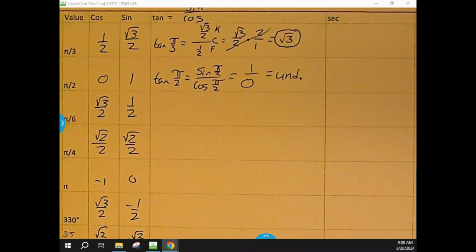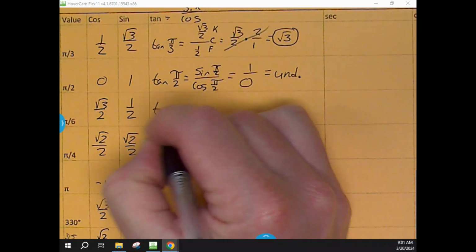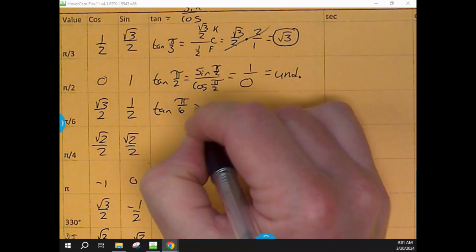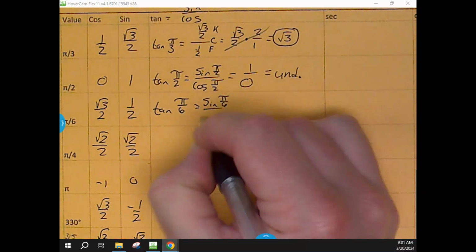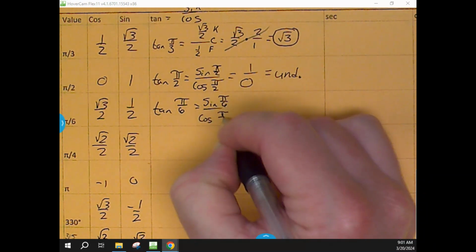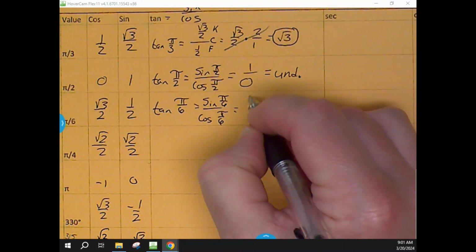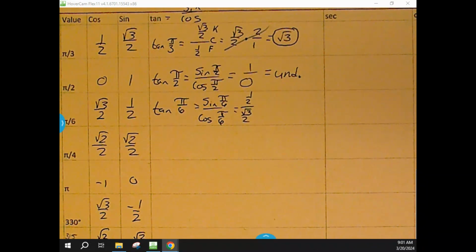Now, here's where we're going to have to do this one. And here's where the work comes into today. If we do tangent of pi over 6, that's the sine of pi over 6 over the cosine of pi over 6. Okay, so that's 1/2 over square root of 3 over 2.